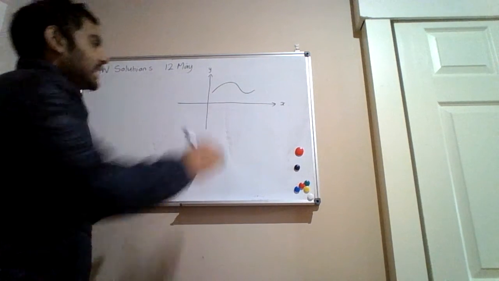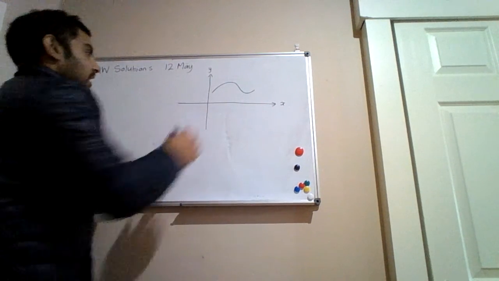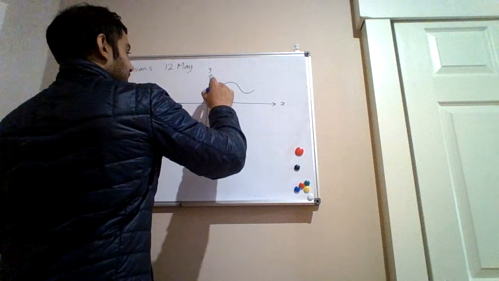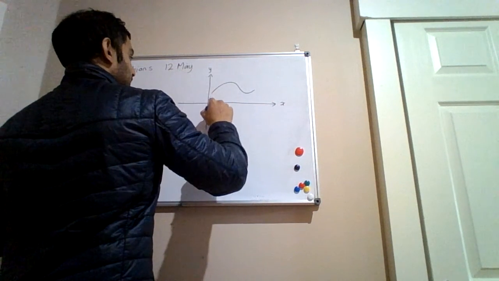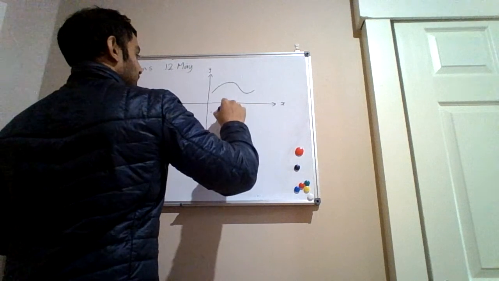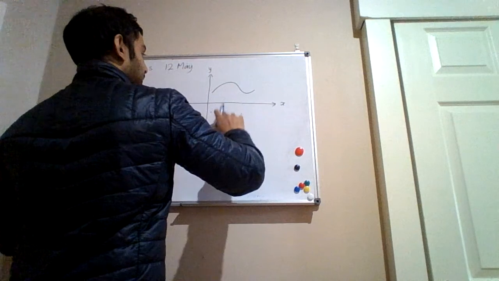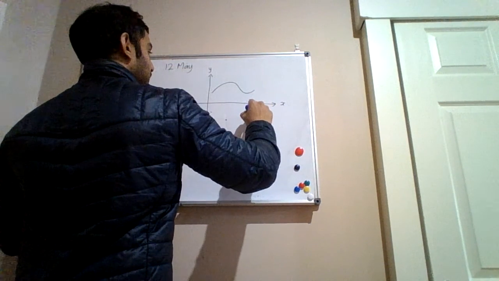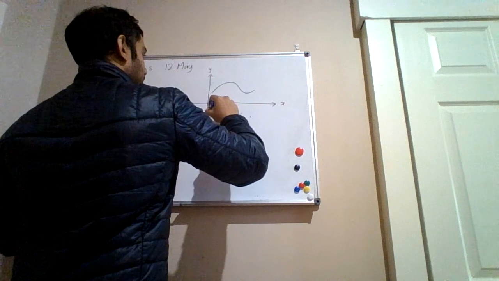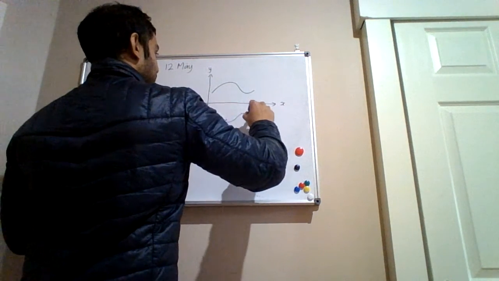It's almost like there's a mirror sitting on the x-axis, and it takes each of these points and flips them. So our graph would look something like this.